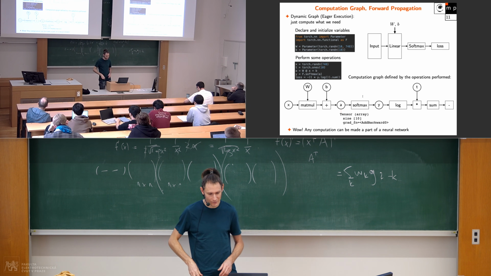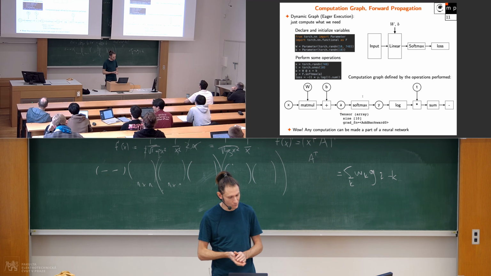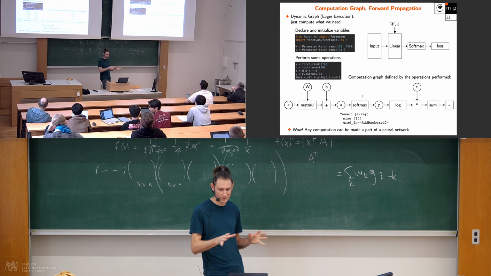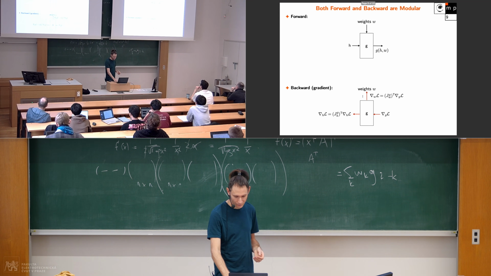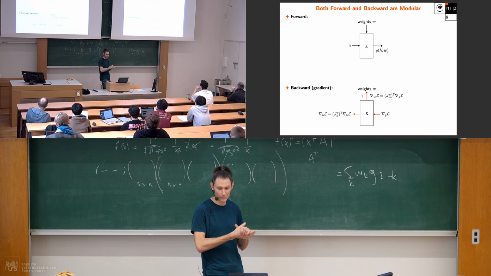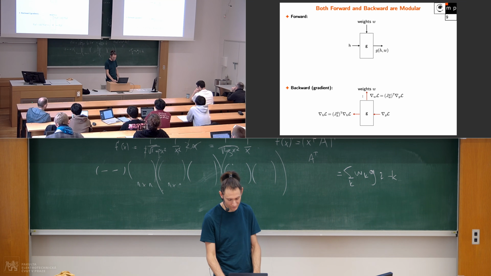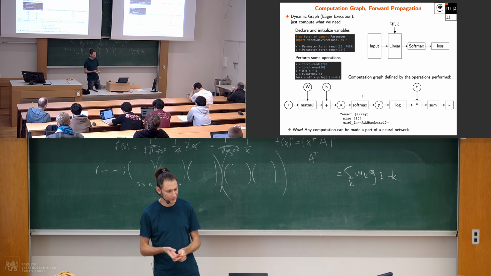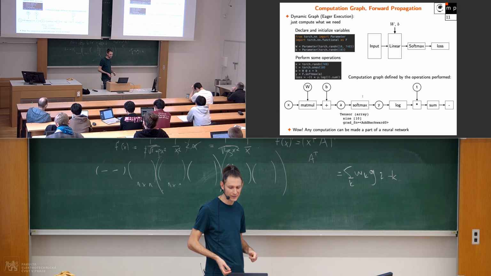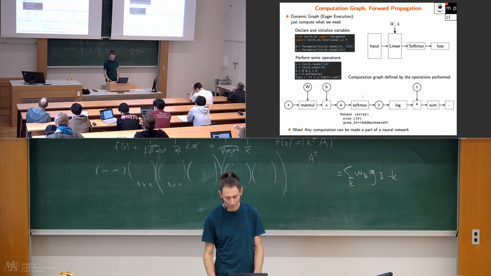Okay, now we go a little bit towards the practical side of this. We discussed that things are modular, and for each layer we need a forward and a backward, and then we can compose any neural network. How can this be implemented and conveniently done by the library for us? So how does it work with the help of PyTorch?